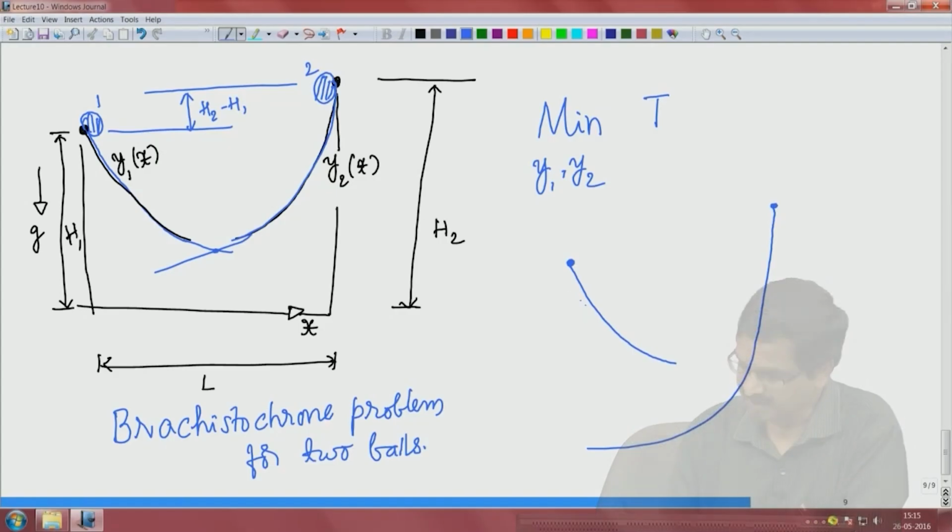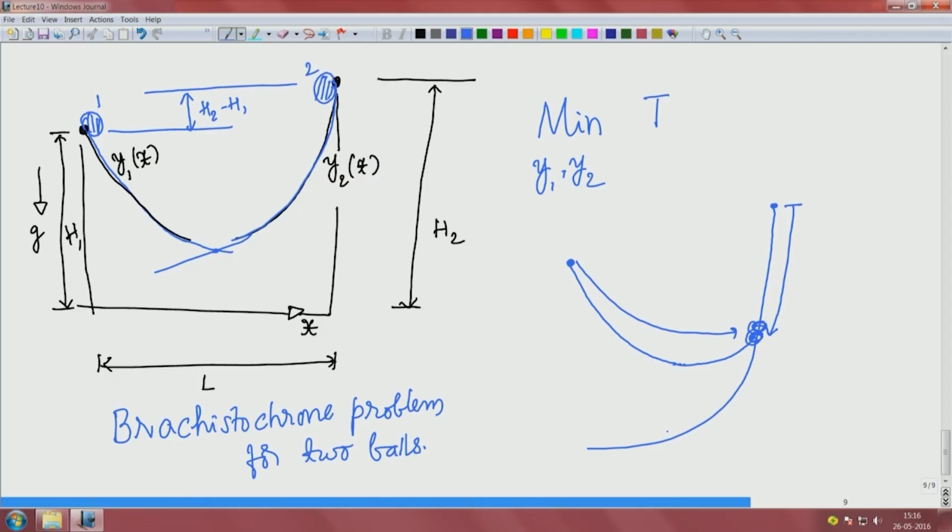When will they hit? If we are lucky, by the time this cycloid let us say goes here, okay, if the time taken for this ball to come from there to here and for this ball to take time to go to there, then they will meet over there at two balls, otherwise they actually go somewhere else, okay.